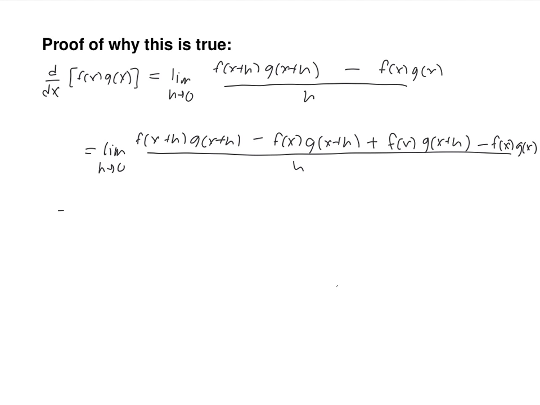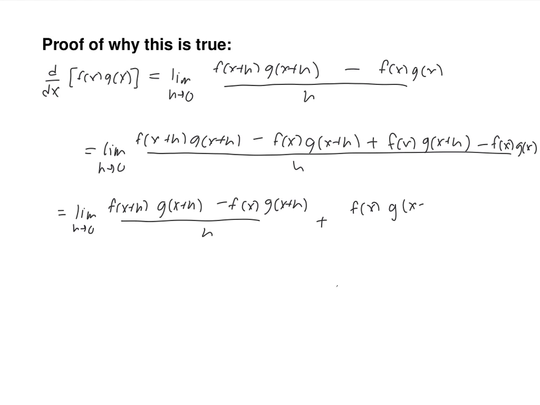So the limit as h goes to 0 of f of x plus h, g of x plus h, minus f of x, g of x plus h, all over h, plus f of x, g of x plus h minus f of x, g of x over h. And all I did there was undo a common denominator, right?